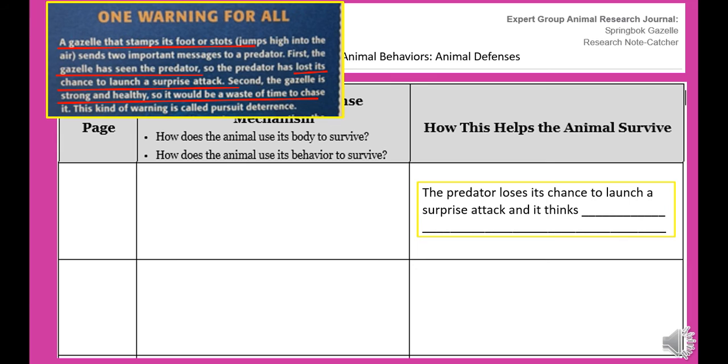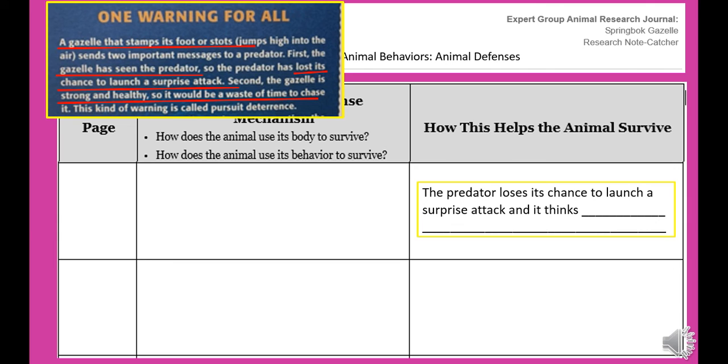Okay, let's focus in on that first paragraph of the section titled "One Warning for All." In this paragraph, we learned a lot of information about stotting, or that move that the gazelle does, which is jumping high into the air. We learned that it sends two important messages. One, the gazelle has seen the predator, and then the predator loses its chance to surprise the gazelle. Second, the gazelle is strong and healthy, and so it's a waste of the predator's time to try to chase it.